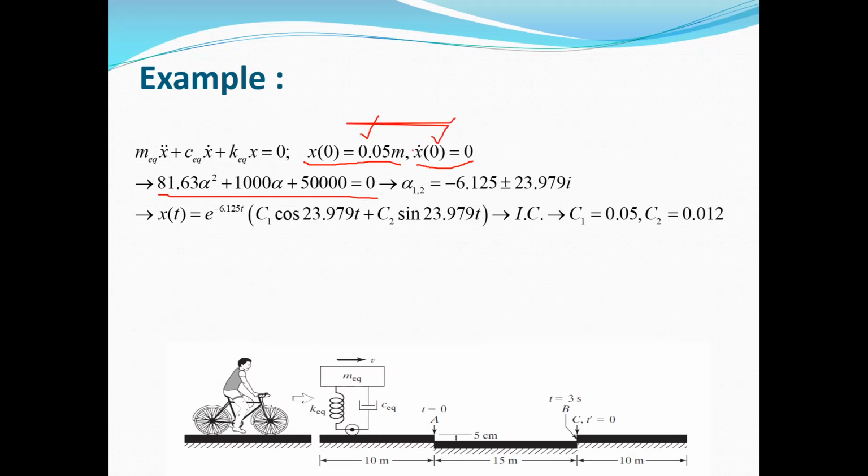Similar to the previous example, you need to obtain the roots of the characteristic equation, alpha 1 and alpha 2. You can form the characteristic equation, and then you can find the response, which is x(t) equal to c1 exponential alpha 1 t plus c2 exponential alpha 2 t. So this is x(t), or the response of this system. Using the initial conditions, you can obtain c1 and c2, similar to the previous example.